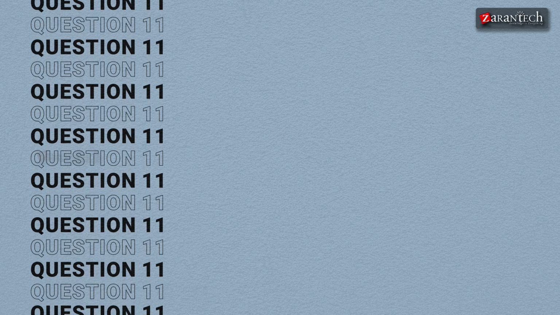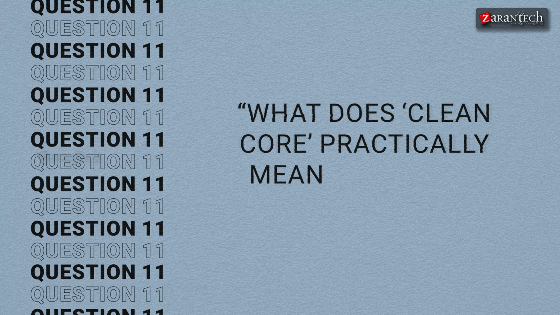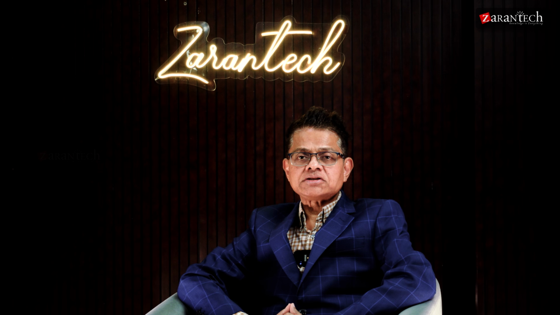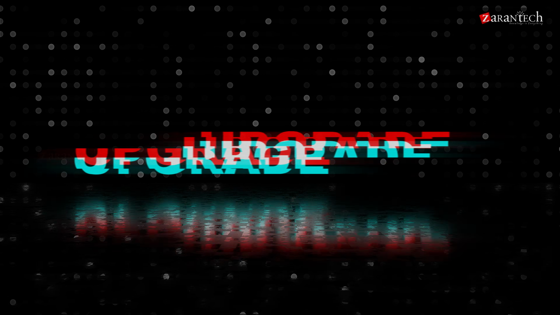What does clean core practically mean in S4HANA programs? Clean core is an SAP term telling customers to create ABAP code that is cloud native and can be built either on S4 on-stack or side-by-side on BTP, which will enable you to upgrade your S4 systems at a much faster pace.